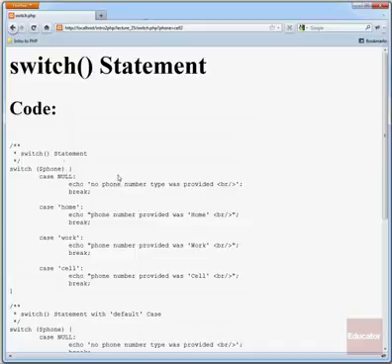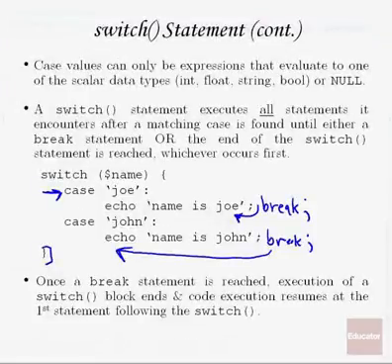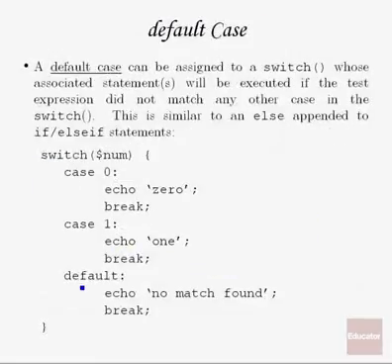So that's going to bring us to another interesting point, which is called the default case. Basically this is similar to an else statement that gets appended to a series of if statements. It uses the keyword default. What it states is that if you enter this switch statement and you compare the expression passed in, in this case the variable num, and it doesn't match any of the cases, then by default it's always going to run this statement group here.